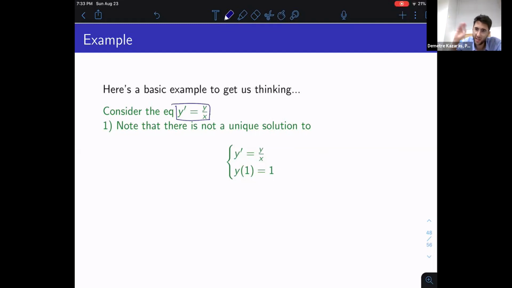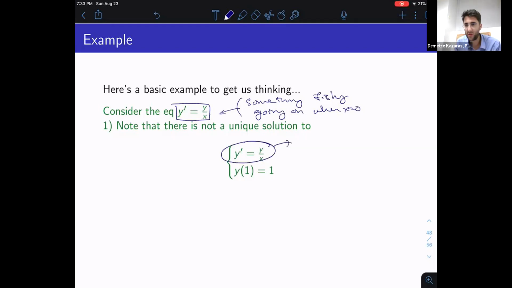Now, right off the bat, if you're thinking about what could go wrong, you're probably looking at that division by x, and you're thinking something fishy might be going on when x is 0, and you would be correct. But let's see exactly what goes wrong, or what is fishy. Okay, so it's a nice simple equation. So let's look at this initial value problem and try and solve it.